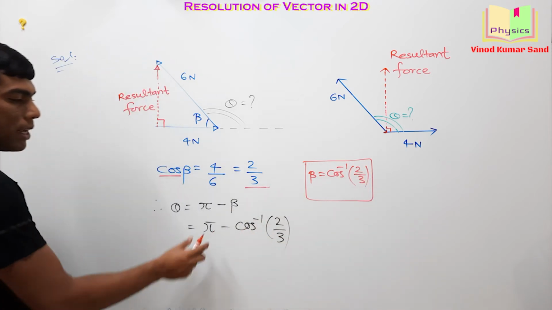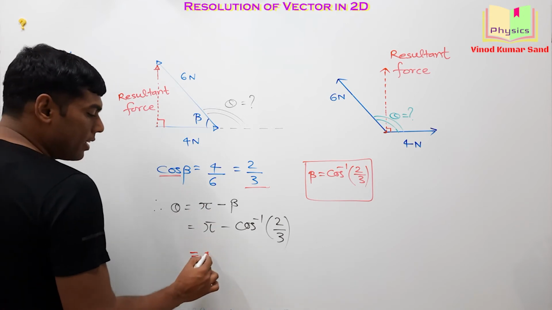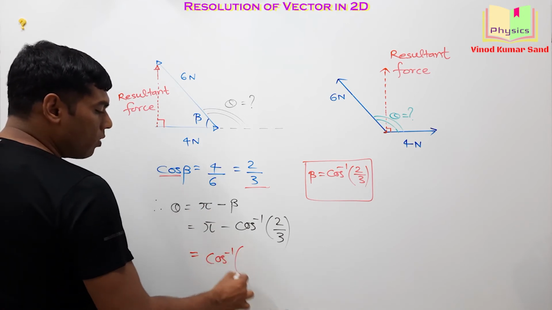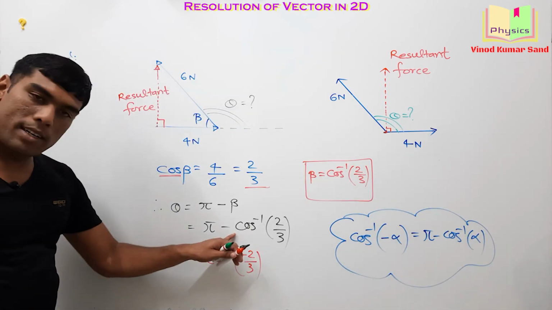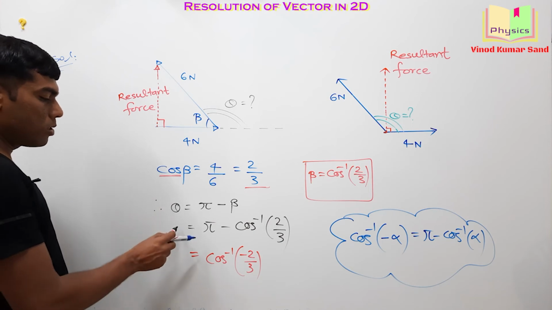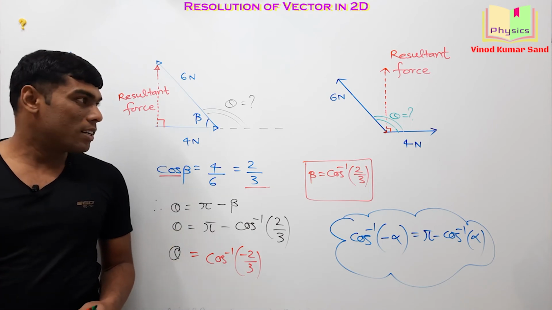Now, pi minus cos inverse 2 by 3 can be mathematically written as cos inverse of minus 2 by 3. So this result is fine, as well as this result is also fine. You can note down the answer.